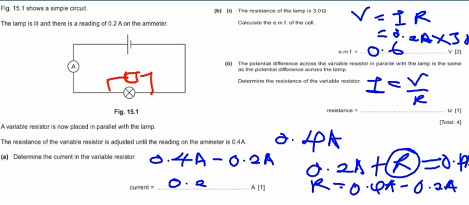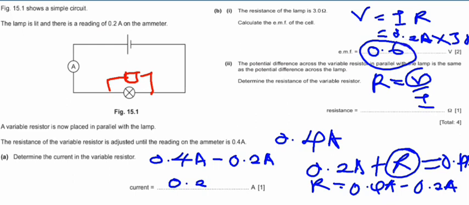So when we make R the subject of the formula, the equation is going to be resistance is equal to voltage divided by current. So we have the voltage here, which is 0.6, and the current of the variable resistor is also 0.2 amps.